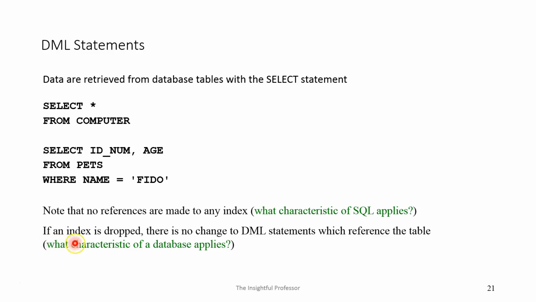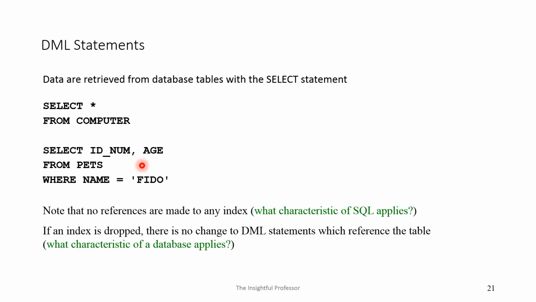Now, suppose we had an index and we choose to drop the index. No change is required to the DML statement in the future. So if we run this query now and there's an index, the optimizer may choose to use the index as an access path to retrieve the data. If subsequently the index is dropped and we run this query, the query will still work correctly. It will return the same data, even though there's no longer an index.